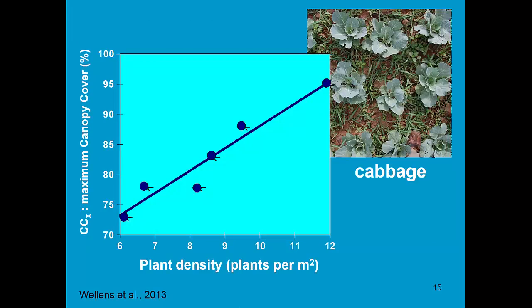Here you see an example of the relation between plant density and the maximum canopy cover reached in the mid-season for cabbage crops. For plant densities of 6 plants per square meter, CCX that can be reached is something like 73%. While if you put 12 plants per square meter, CCX is already something like 95%.